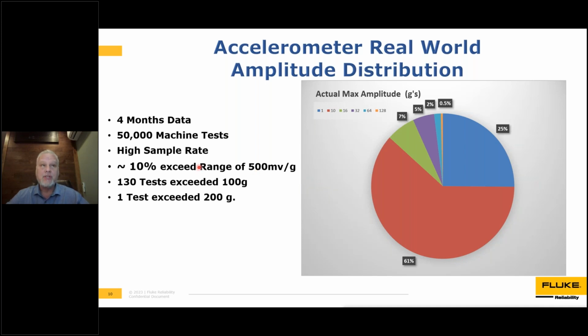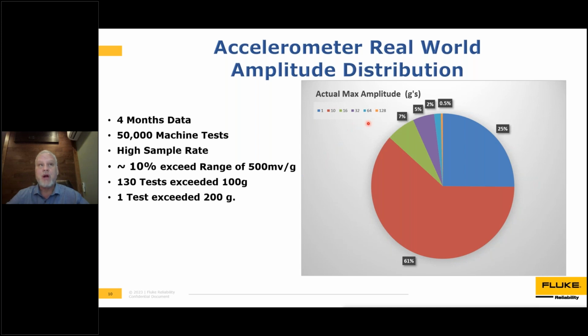About 10% of the data coming in exceeds the range of a 500 millivolt per G sensor, which is typically 20 Gs. It's pretty narrow. As a matter of fact, 130 of these tests exceeded 100 Gs, and we even had one test that exceeded 200 Gs. To be fair, that 200 Gs is outside the linear range of our sensor, but it still was able to measure it, so it is probably plus or minus 10% on that one.